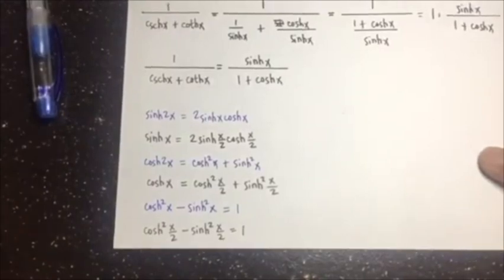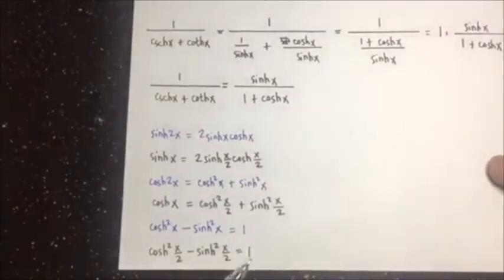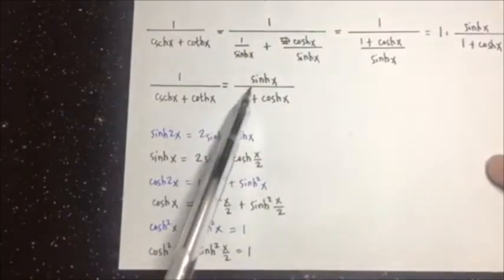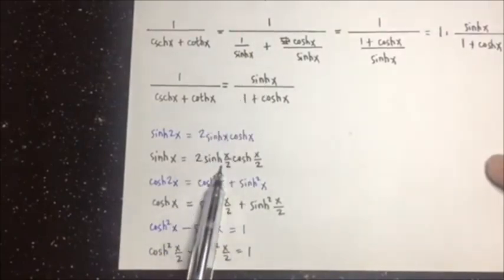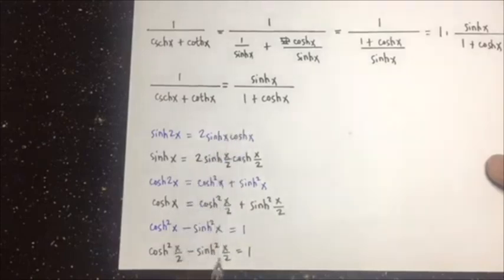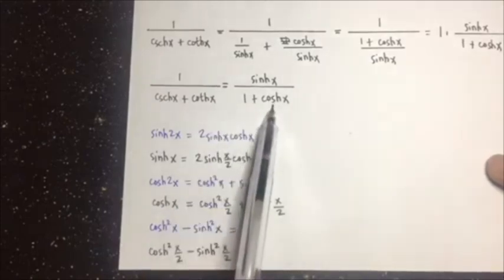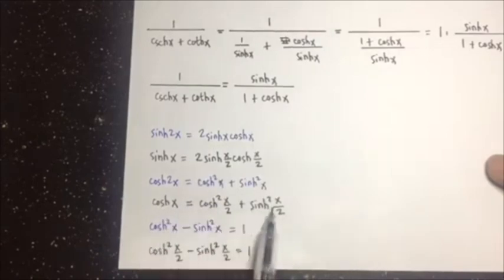Okay, so substituting everything: substitute hyperbolic sine of x with this, substitute 1 with this, and then substitute hyperbolic cosine with this.